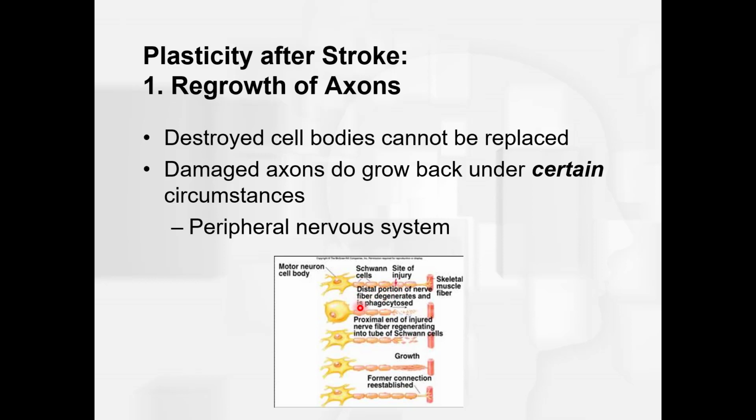This area is going to degenerate because it's been damaged, and then microglia and other cells will do what's called phagocytosis and gobble it up. And then it will regrow, following the path of degeneration. You have this growth, and ultimately the fiber connection is reestablished. Again, it's better if it's crushed rather than severed.